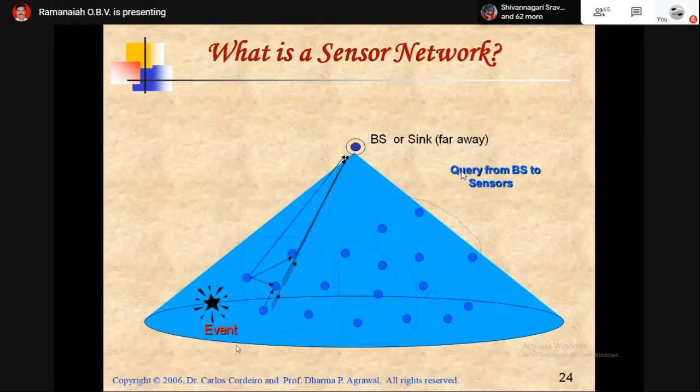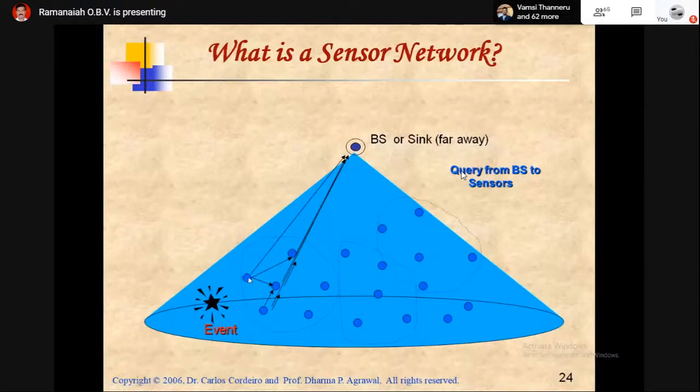So that is the point you should understand here: there is occurrence of an event. Event has occurred, right? And now that is information to be conveyed to the base station. So now the sensors around this event, like 1, 2, 3, these three will detect the event and they will forward the data towards the base station.